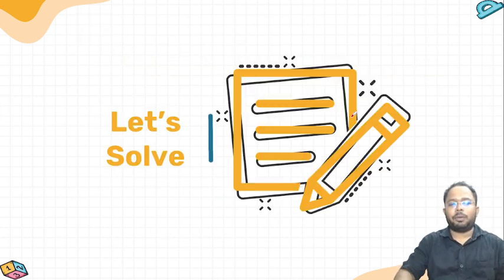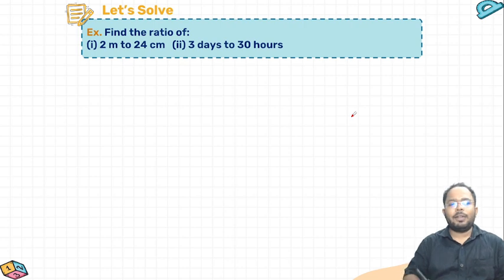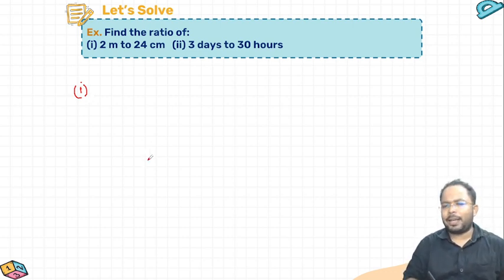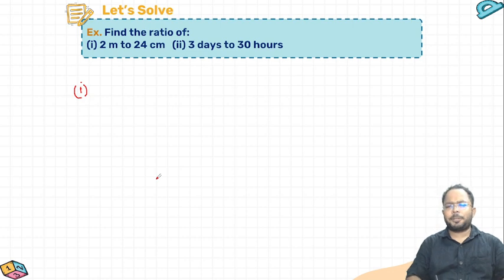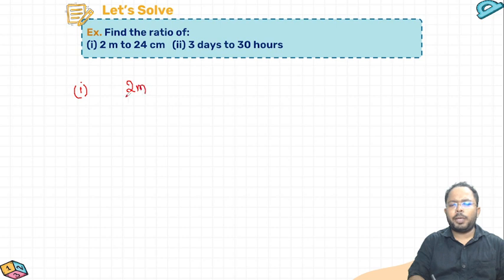Okay, students, let's solve some questions. Find the ratio of 2 meters to 24 centimeters. Come on, let's do it fast and write in the comment box. Okay, so let's find the ratio 2 meters by 24 centimeters.